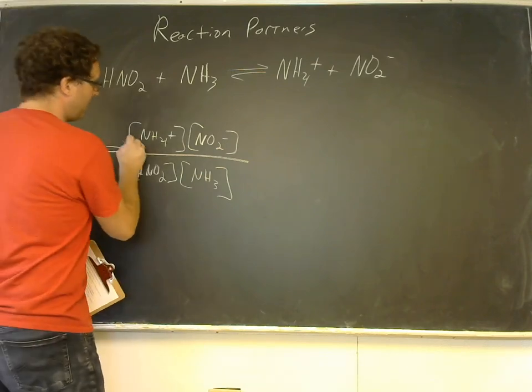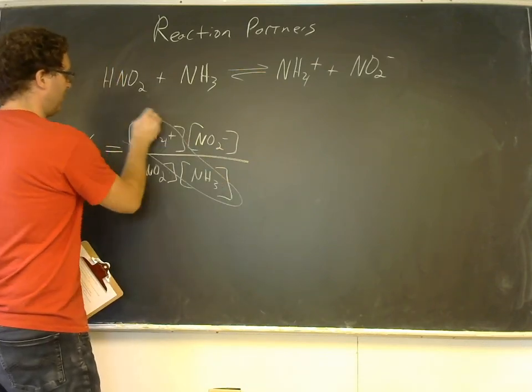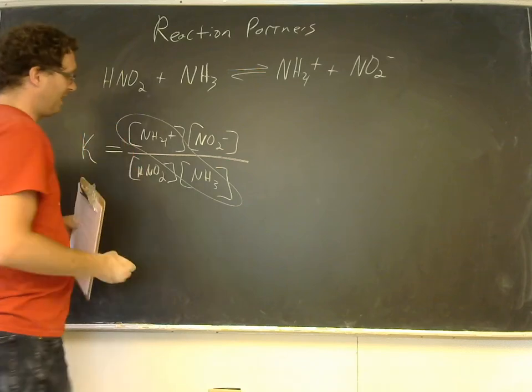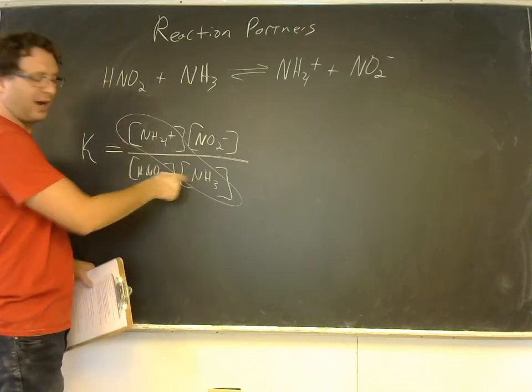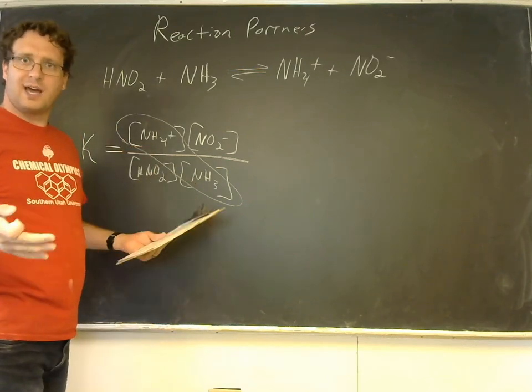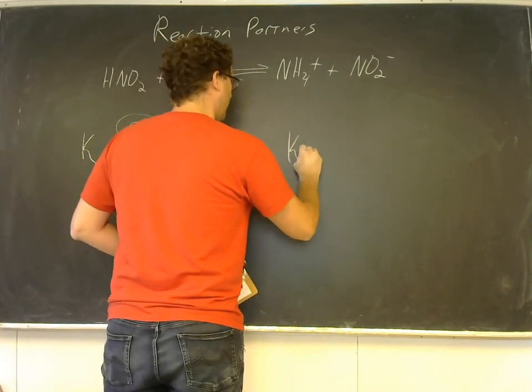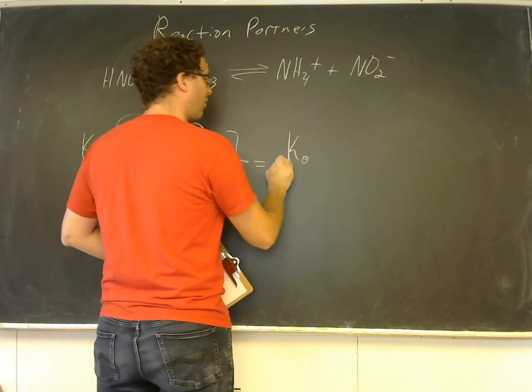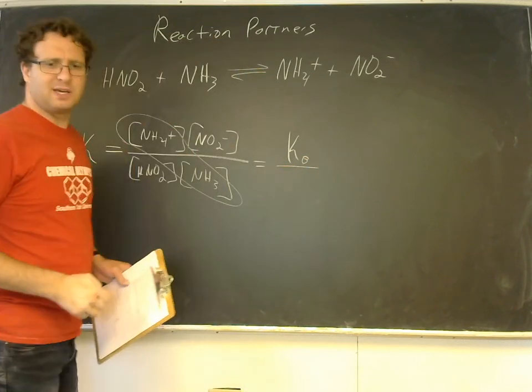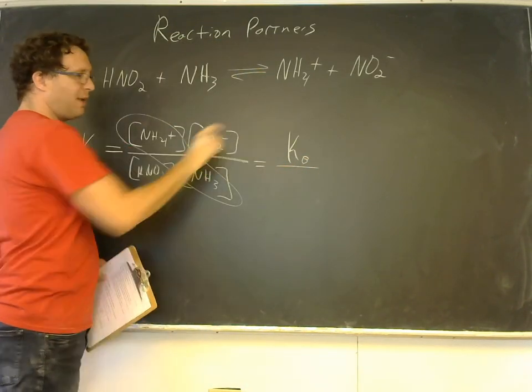What I have here, I should have written it the other way. That's all right. I have NH4 plus over NH3. What does that look like? Well, that looks an awful lot like the Kb for ammonia. What's it missing? It's missing the OH minus in the numerator.